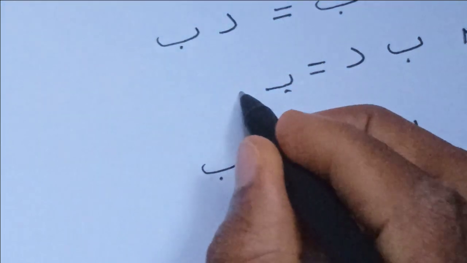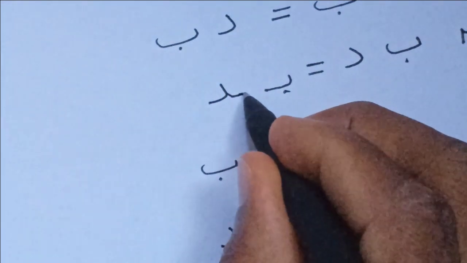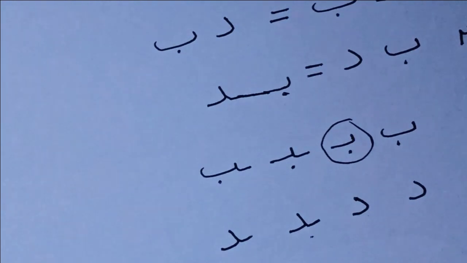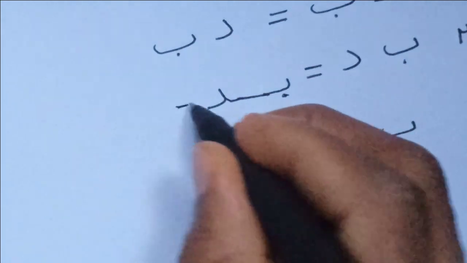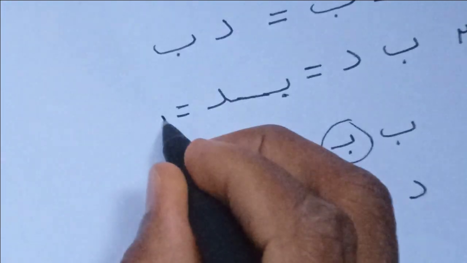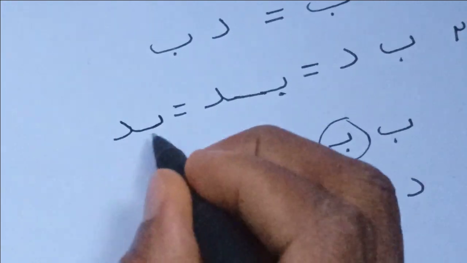So we have this, then we join it, we attach it to the bar like this. Okay, and that's it. Just simple the way they are. So this way you can join 2 letters together from different groups, the joint letters and the disjoint letters. So in order to put it properly, you can also have it this way, the bar, then the dal, and that's all.